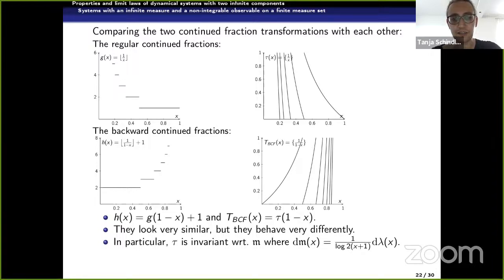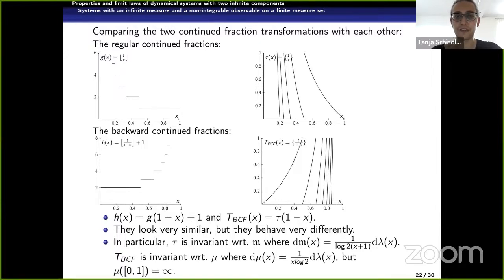In particular, this regular continued fraction expansion is invariant with respect to a finite measure, whereas the backward continued fraction entry is invariant with respect to a measure that is infinite.